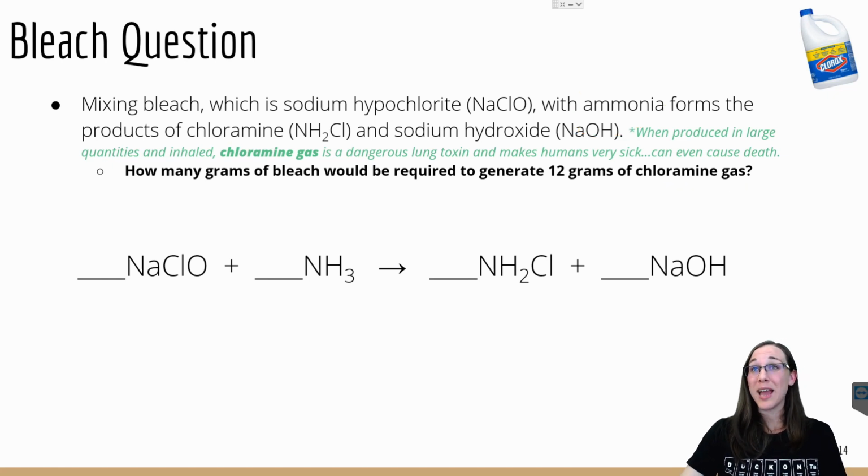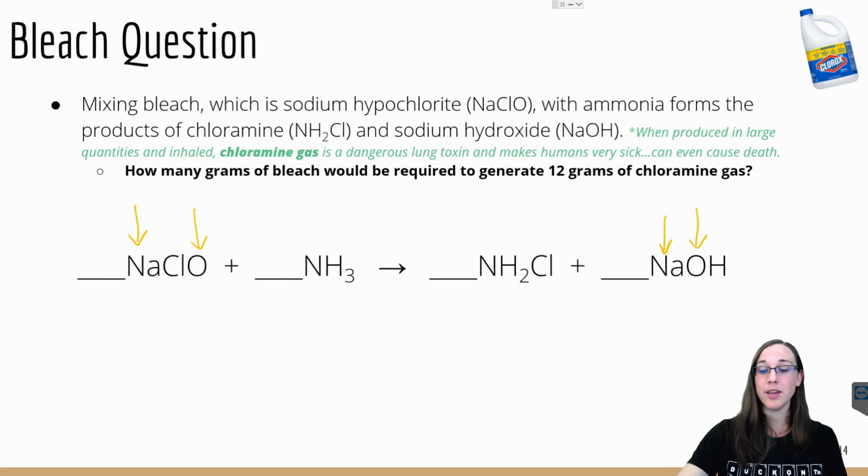So before we do any dimensional analysis setup, we need to balance this chemical equation first. Let's double check. We've got one Na here and one Na here from product and reactant side. We have one O here and one O here. That checks out. We have a chlorine here and a chlorine here. That also checks out. We have one N and one N here.